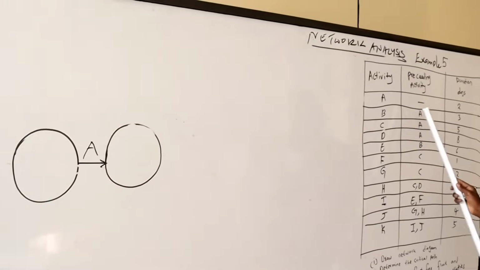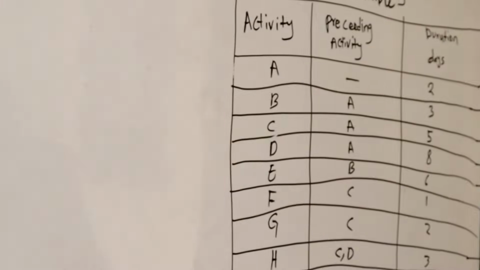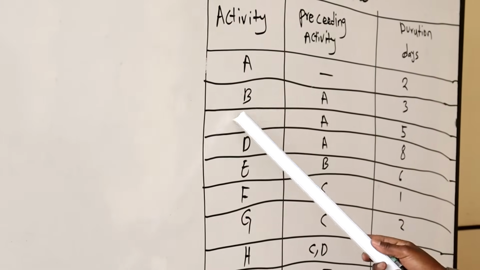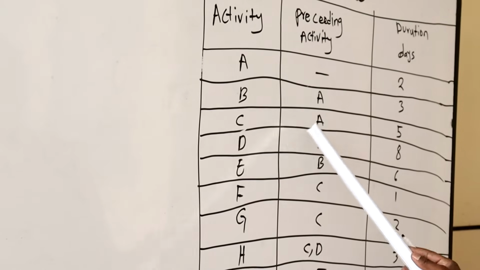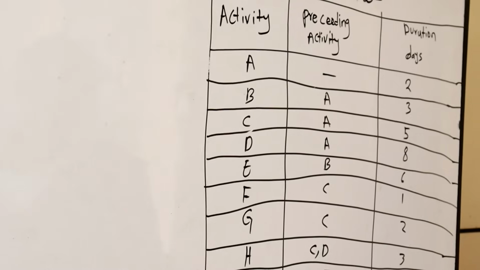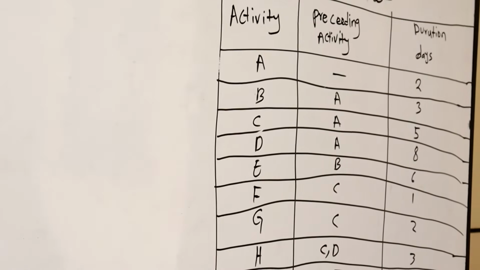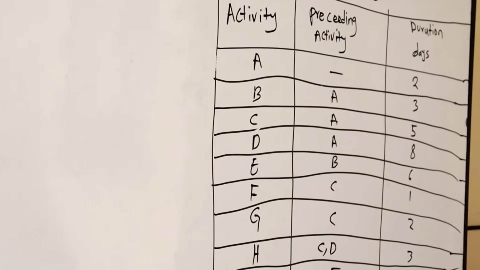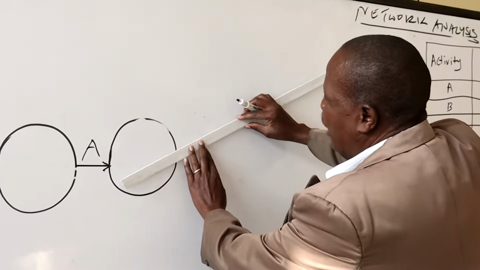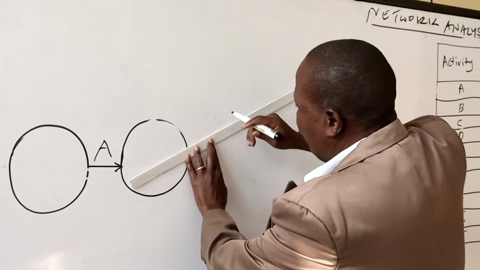Then activity A is a preceding activity to activity B. Activity A is a preceding activity to activity C. Activity A is a preceding activity to activity D. So this means A is giving rise to B, C, and D. So we draw like this.